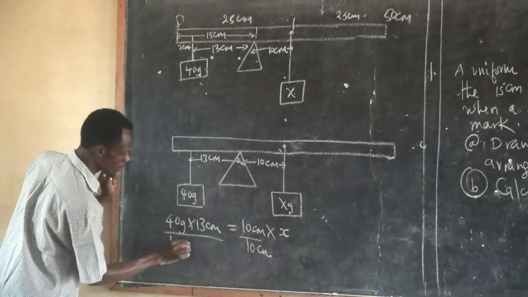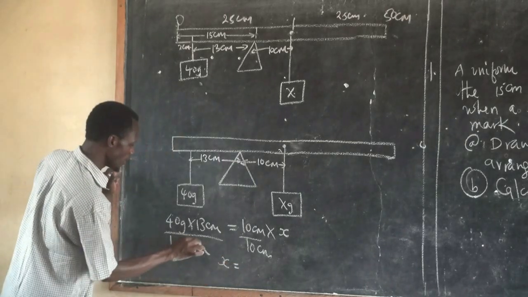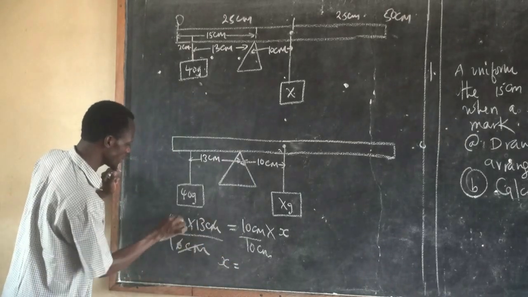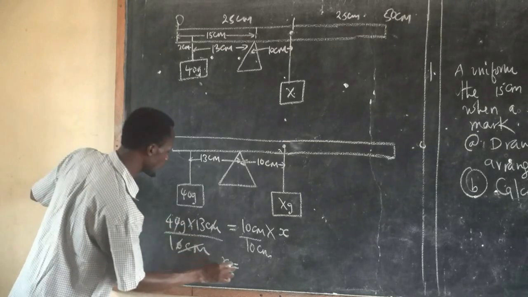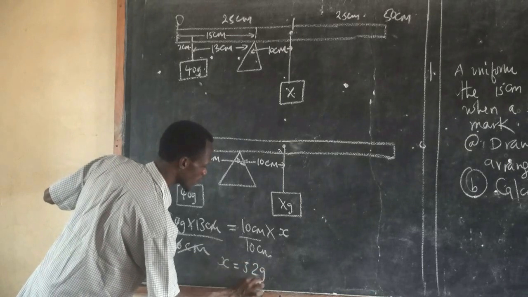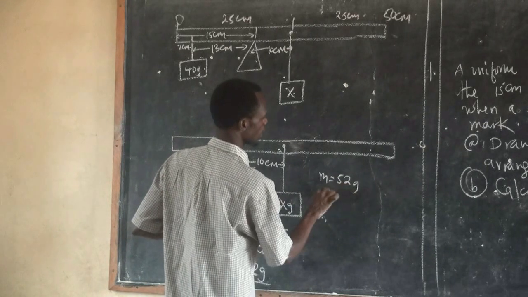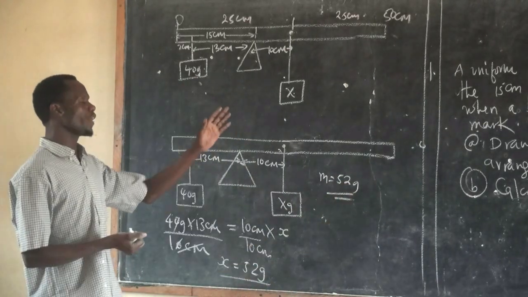X is equal to 4 times 13, which is 52 grams. Now the mass of the ruler is equal to 52 grams. That's over.